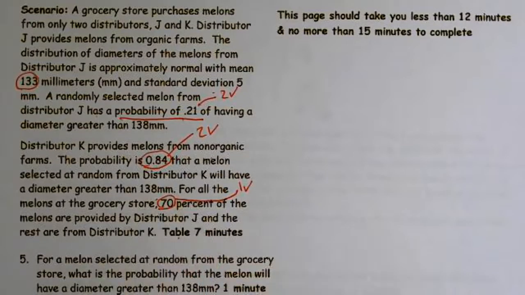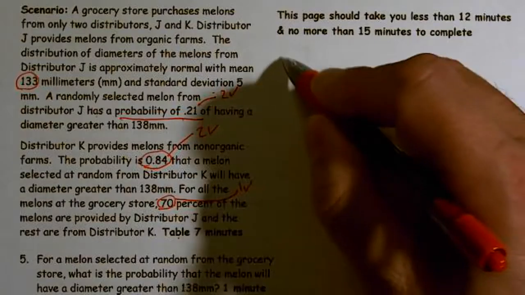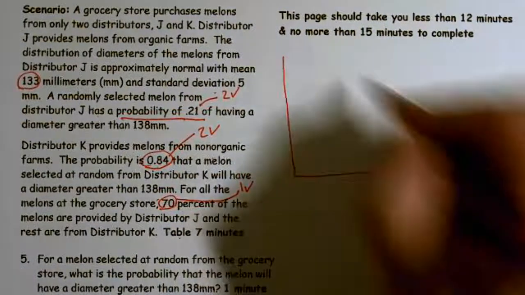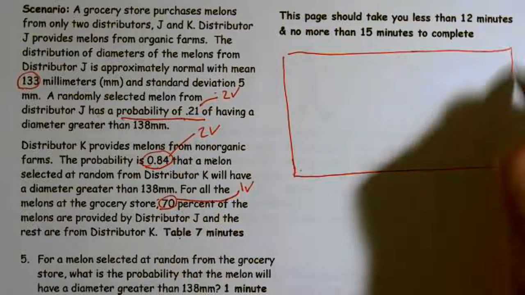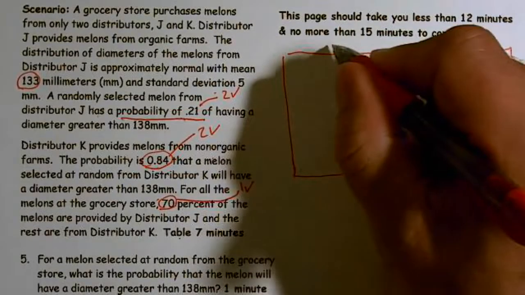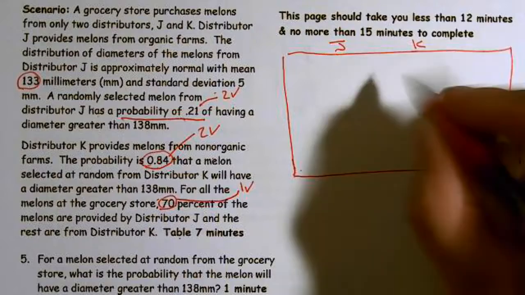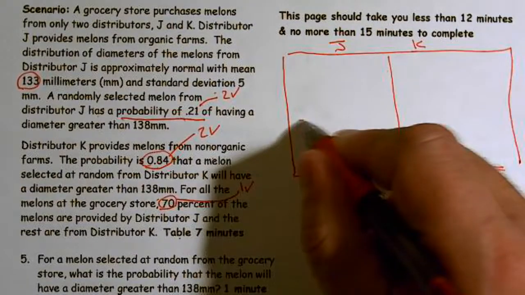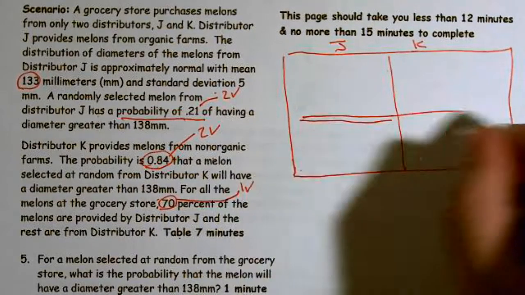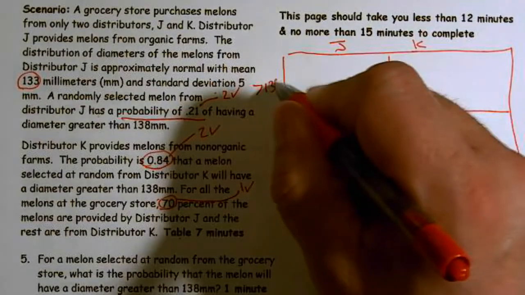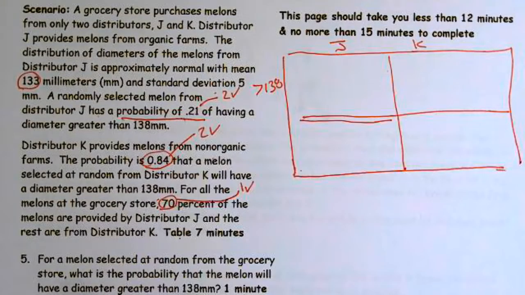So that is my starting point. I'm going to try to make this table as nice and neatly as I can, but that's usually a stretch for me, especially while I'm talking. So we have J and we have K. And we have greater than 138, and I would probably write on a test greater than 138.